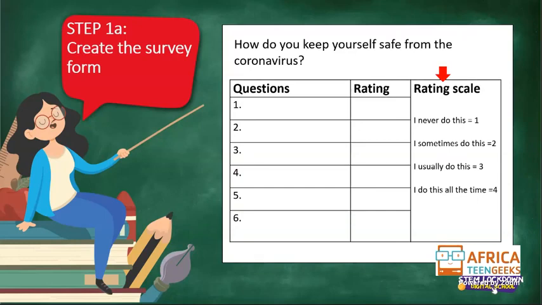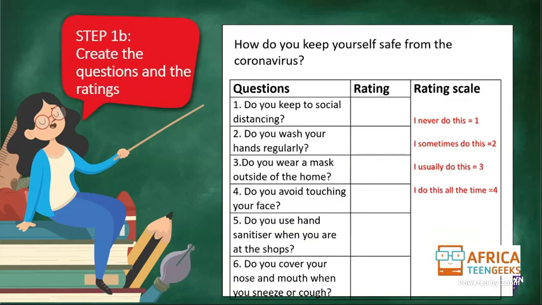So I have thought of 6 questions here, but you might think of a different 6 questions. Number 1, do you keep to social distancing? And then the person would answer with either the 1, 2, 3, or the 4. Do you wash your hands regularly?